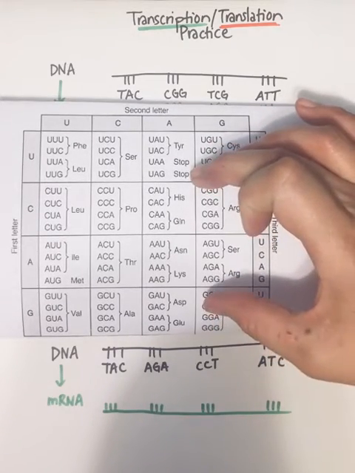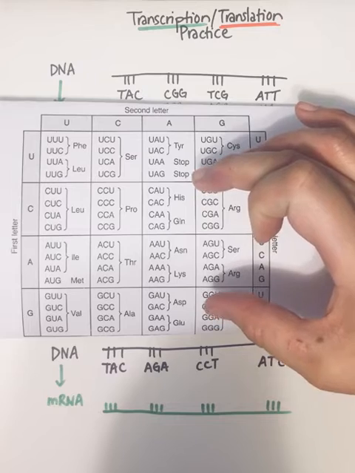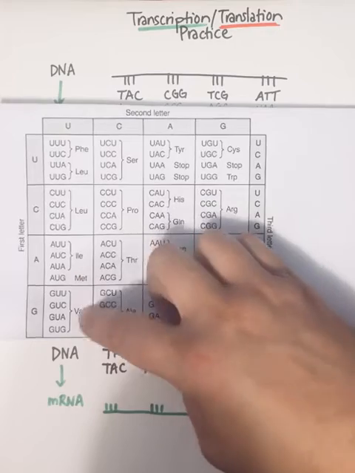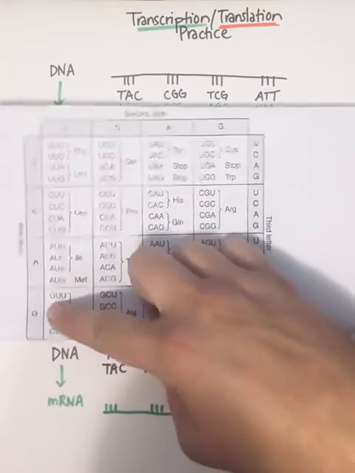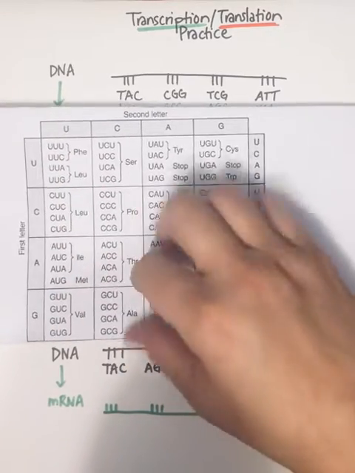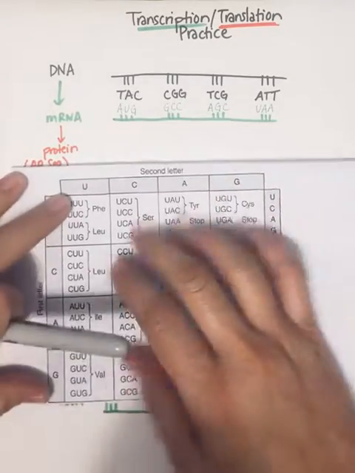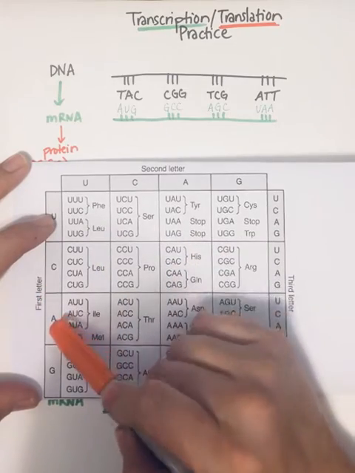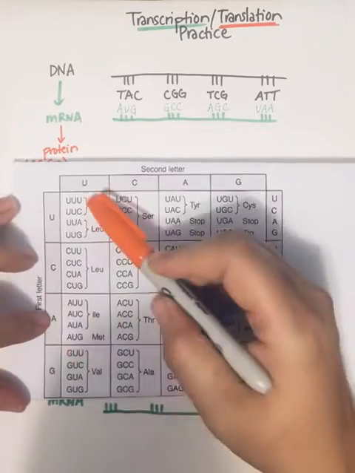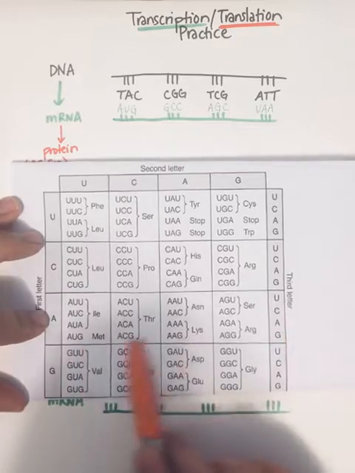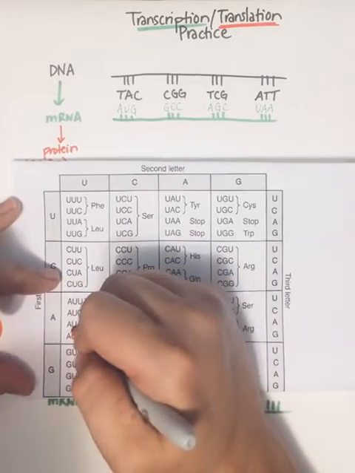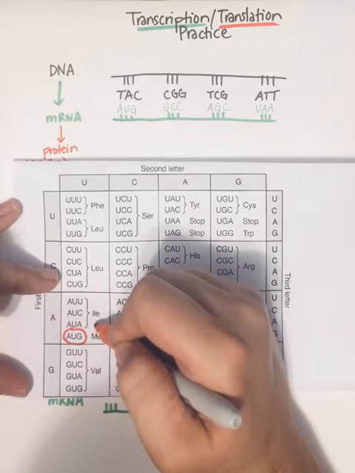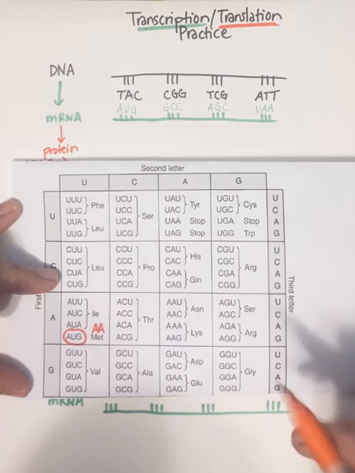The genetic code is the 3 codon sequences from mRNA that are going to code for amino acids. So these are codes and these are amino acids. So when we do the first one, AUG, if you're using something that looks like this, the first letter is A, the second letter is U, and then the third letter is G. So the first codon is called AUG, and the amino acid is methionine.